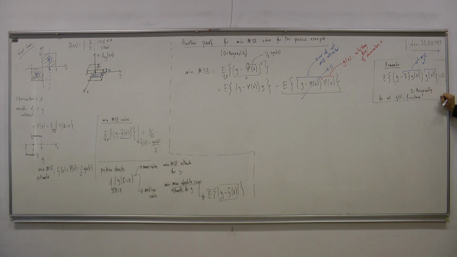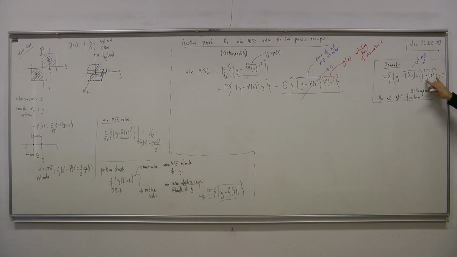Please remember that we are interpreting orthogonality as some kind of loosely defined independence. If it is Gaussian, it's exactly independence, of course, but orthogonality says that this error is uncorrelated with any processing of x, or in geometric terms, the error vector is orthogonal to all processing outputs of x.